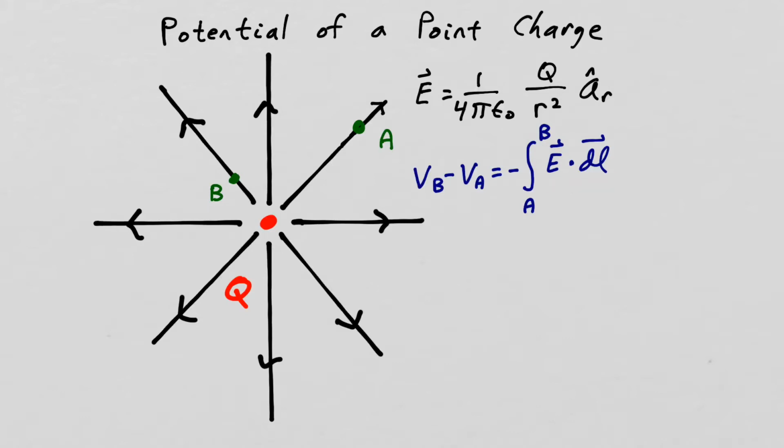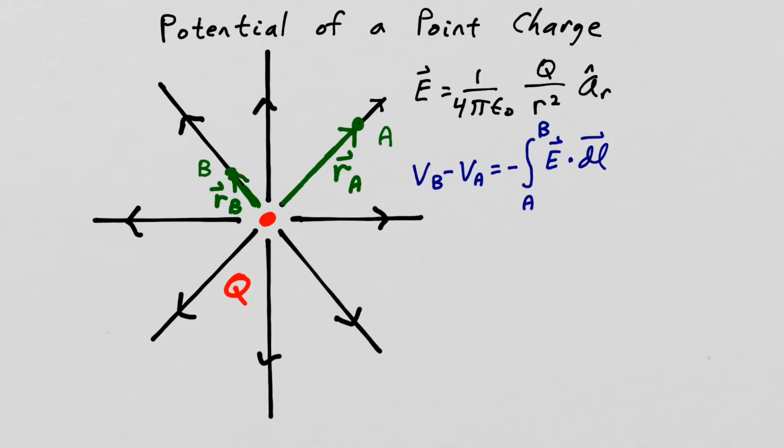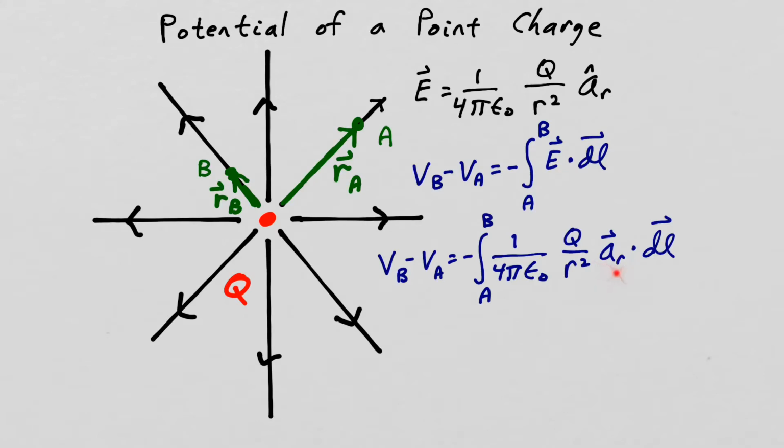E dot dl. The position vector of point A is R sub A, and the position vector of point B is R sub B. Let's substitute for our electric field intensity. We have a unit vector in the R direction dotted with a differential length.